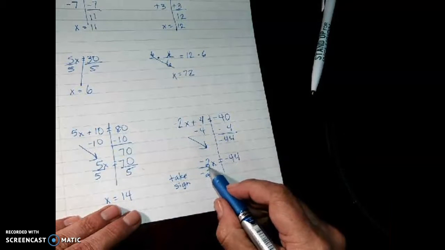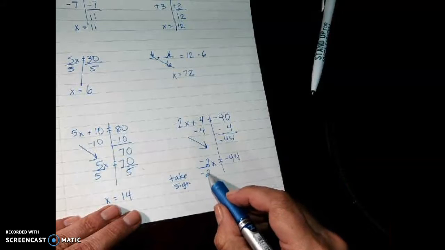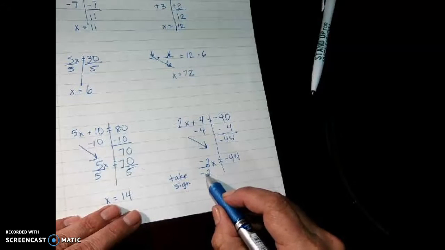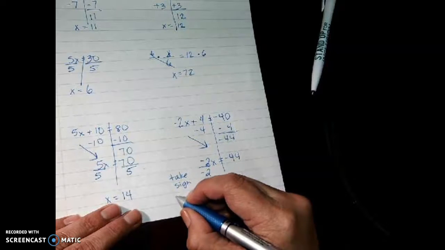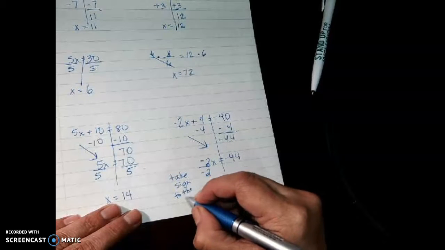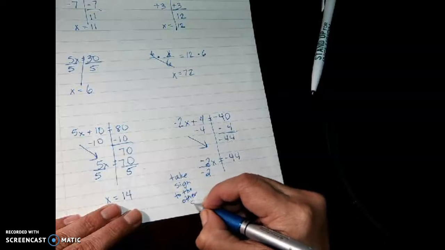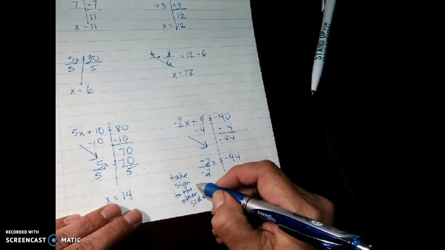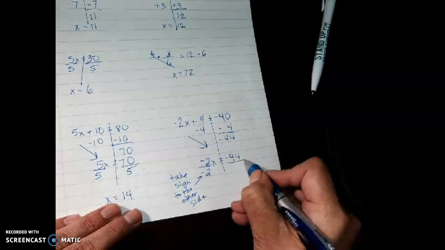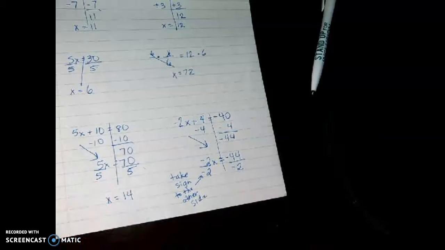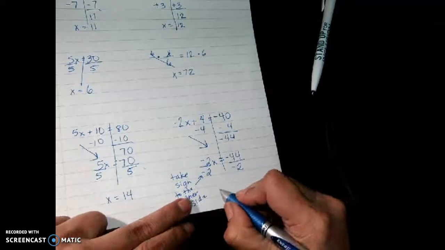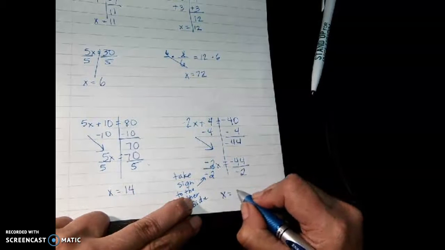I'm doing the opposite operation, but not the opposite sign when it comes to division and multiplication. So I take the sign to the other side. Negative 44 divided by negative 2. X equals 22.